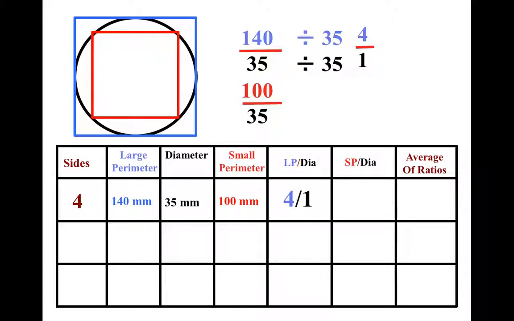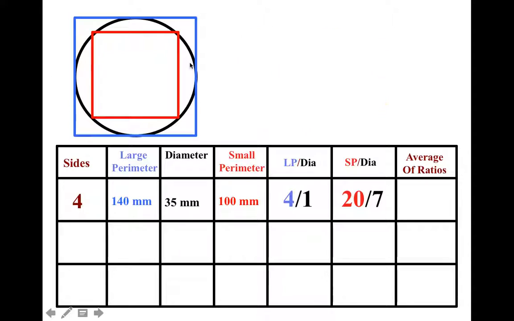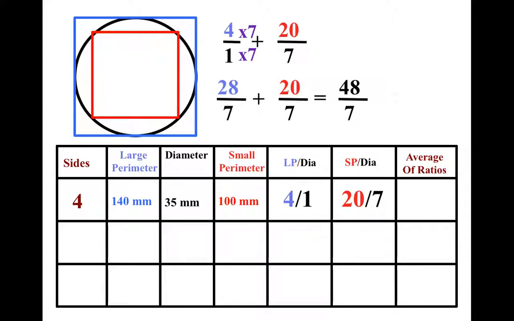When I do 100 over 35, I divide by 5 and divide by 5, and I end up getting 20 over 7. Now in order to find out what the circle is, I have to find out what the average is between these, because the average would be somewhere in between the big and the little. And when I take the average, I add these together, common denominator, and divide by 2. And that gets me 24 over 7, which is 3.43, about.